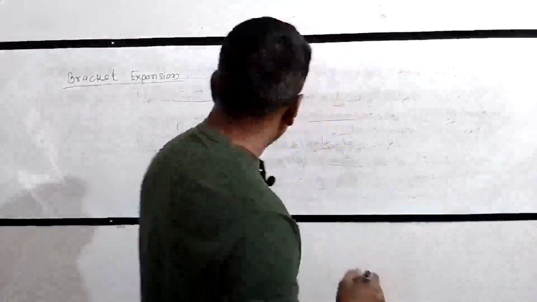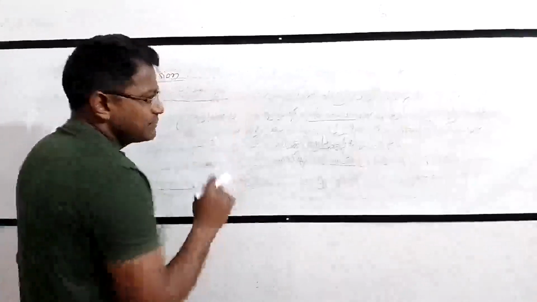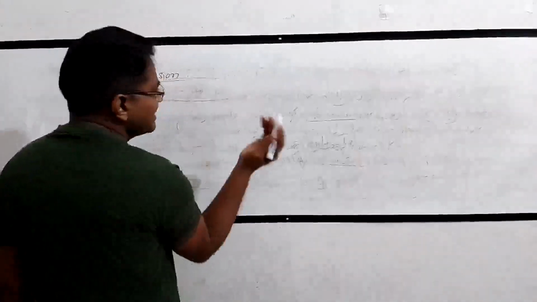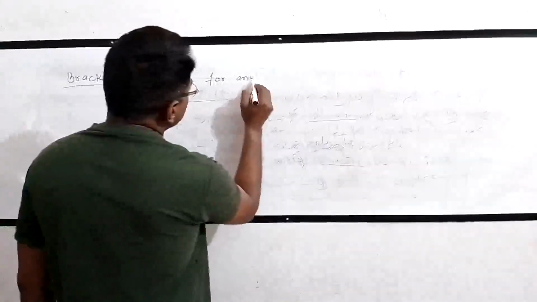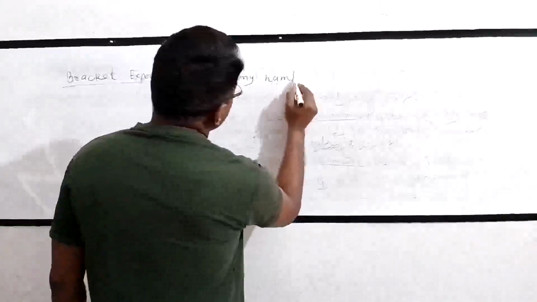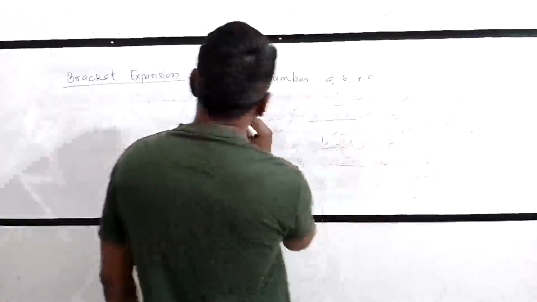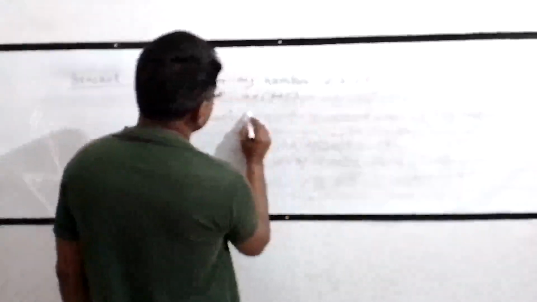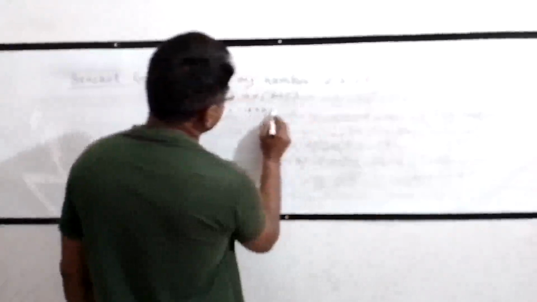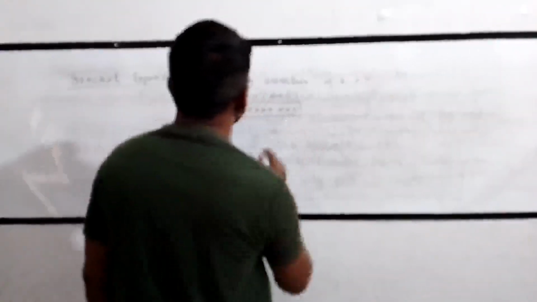So for example, bracket expansion means nothing but, for any numbers A, B and C, A into B plus C is equal to A into B plus A into C. Understood?